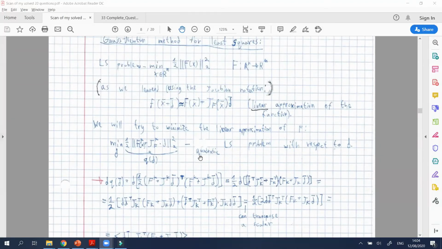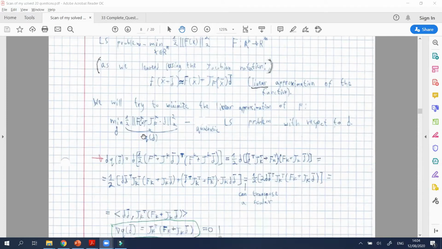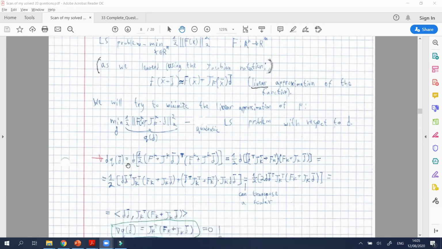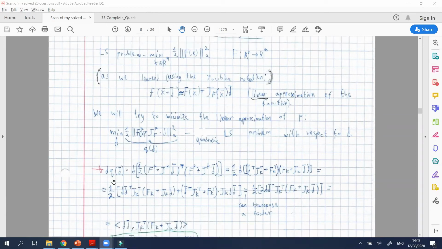So we have this quadratic problem actually, because this expression is squared, and we would want to find the differential of it, just the differential of this, in order to minimize it. So the differential of q of d, we'll call it q just for the sake of it having a name.